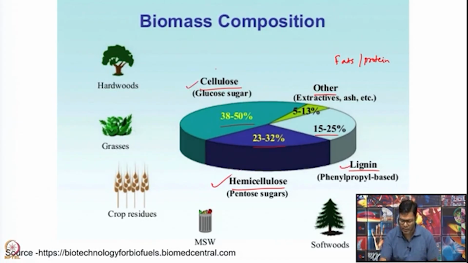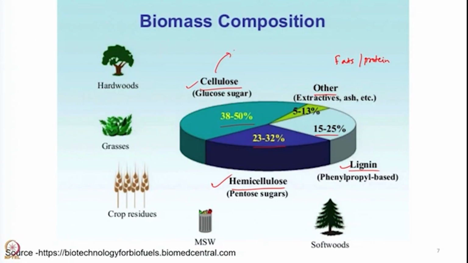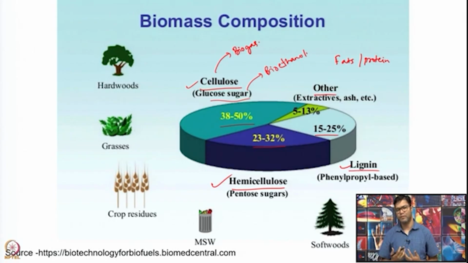Cellulose is basically for your biogas generation, and simple sugars are used for bioethanol generation. We as higher animals can't digest cellulose. These tough molecules, we do not have enzymes to digest them. So our excreta, the byproduct of our digestive system, is very rich in cellulose, and that is used for biogas.